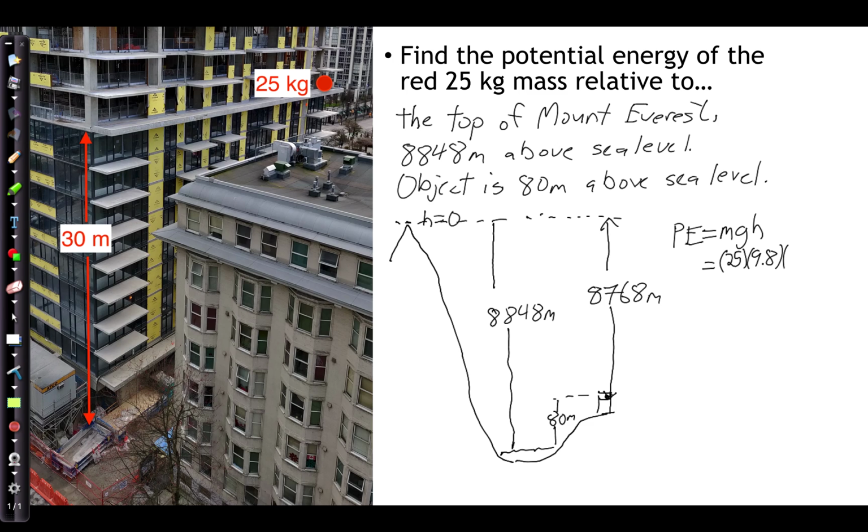But what's the height? Well, you see h equals 0 is on the top of Mount Everest, so we are below h equals 0, we're up as positive, so this would be negative 8768 meters. Interesting. Negative. Okay.